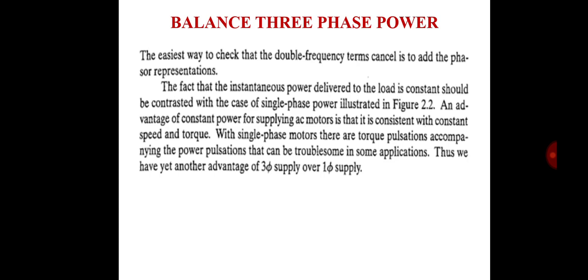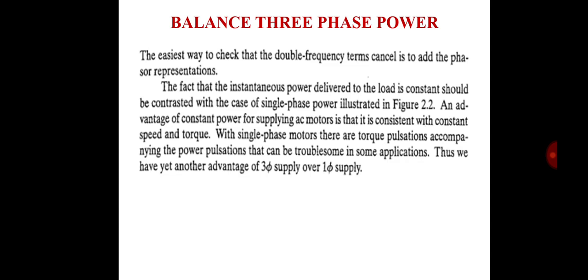The fact that the instantaneous power delivered to the load is constant should be contrasted with the case of single-phase power. An advantage of constant power for supplying an AC motor is that it is consistent with constant speed and torque.